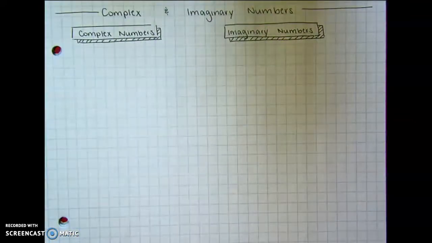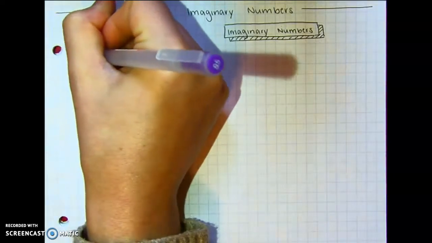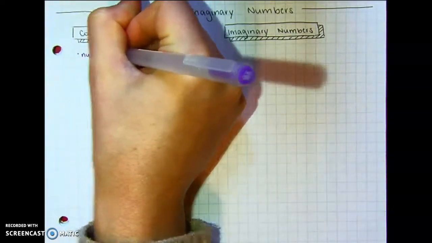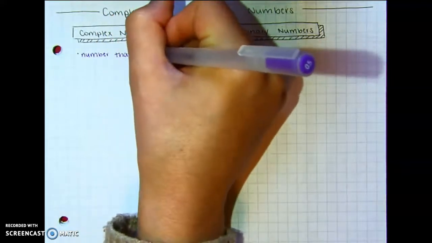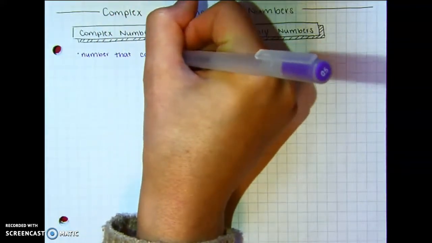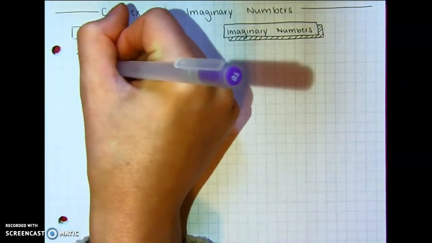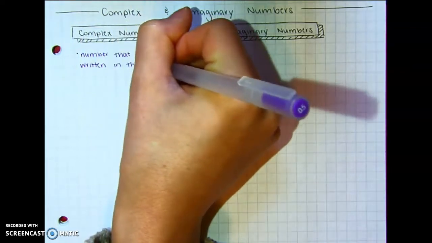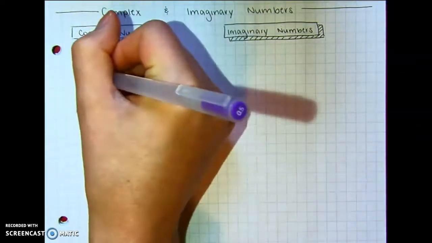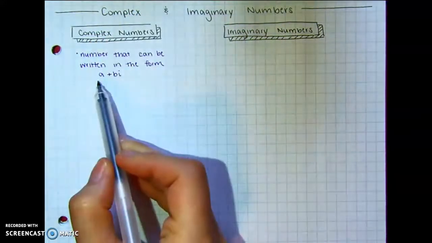So a complex number is a number that can be written in the form a plus bi, and it's really important.